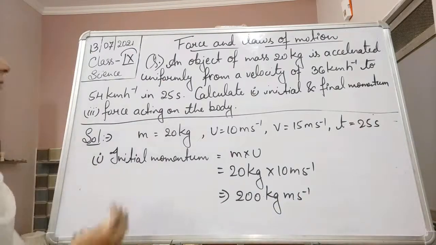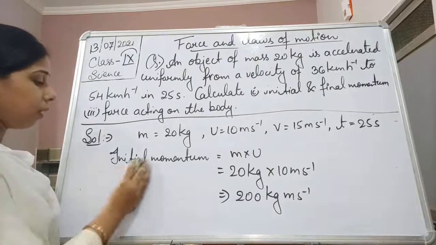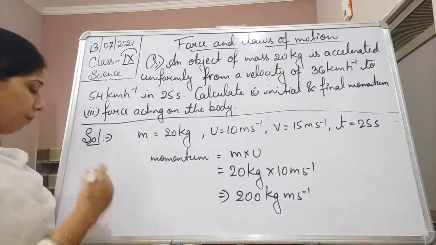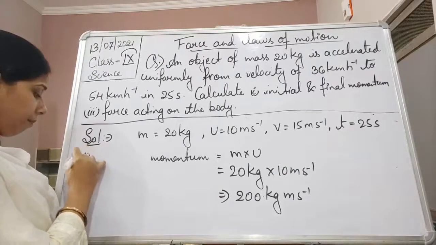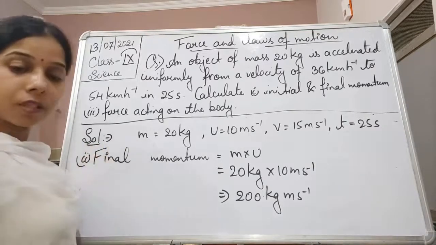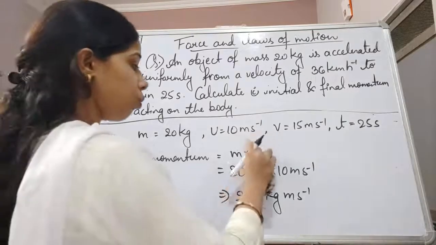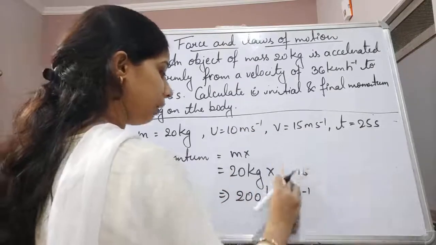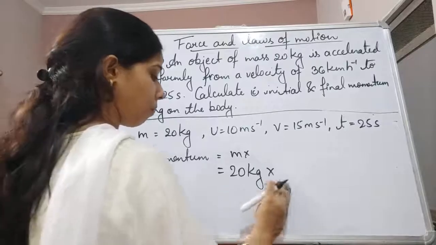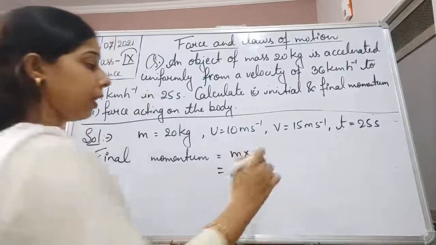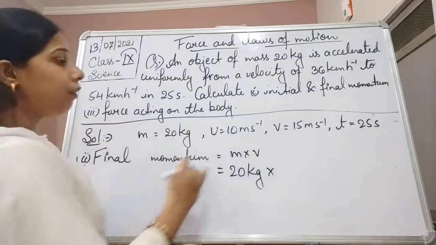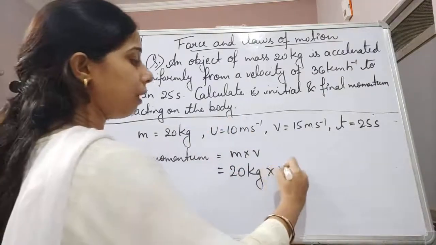Talking about the final momentum, the second one. Final momentum will be equal to m into v, which means mass into final velocity. Final velocity is equal to 15 meter per second.